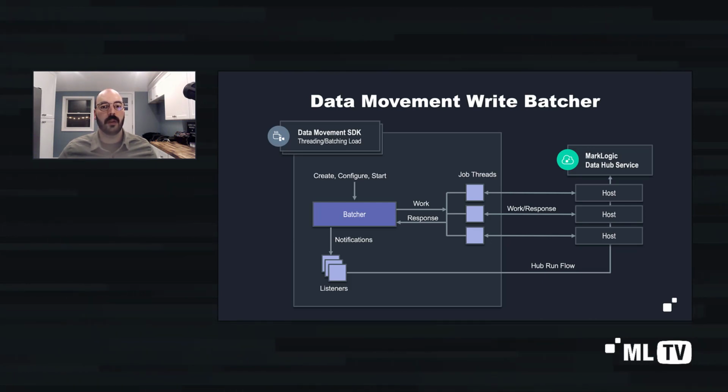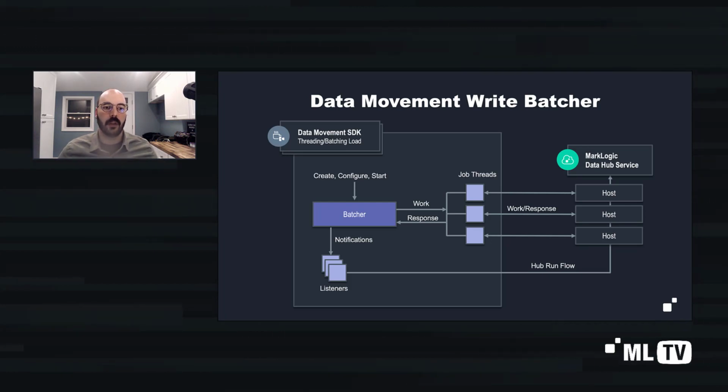Within the Data Hub service, we target the specific load balancer for the curation workloads. Here, these job threads are loading the data and sending them over to the Data Hub service. This work is then sent over and a response is returned from the Data Hub service.